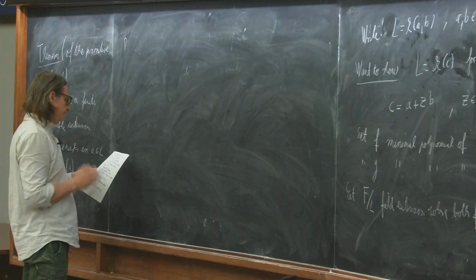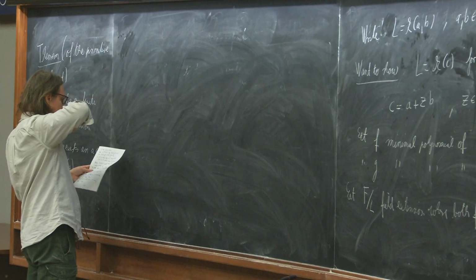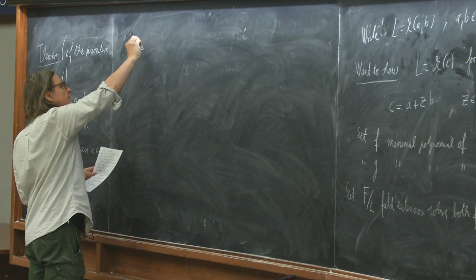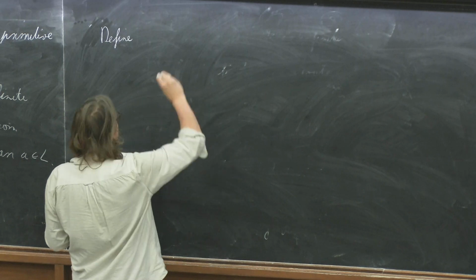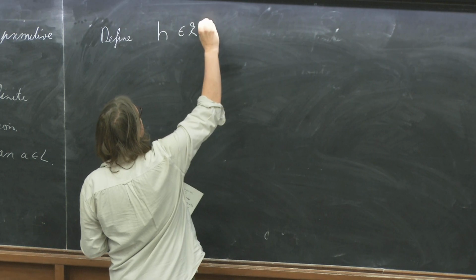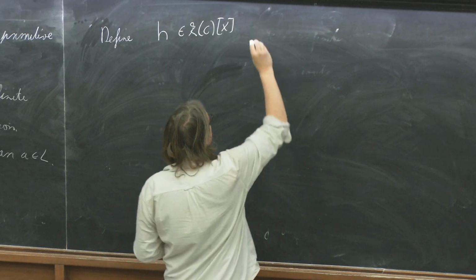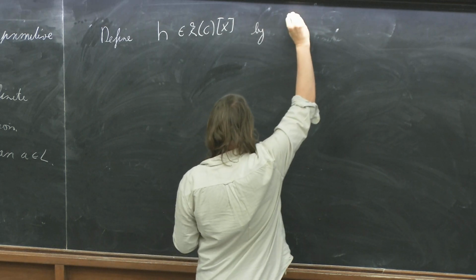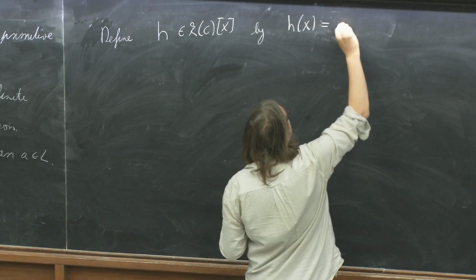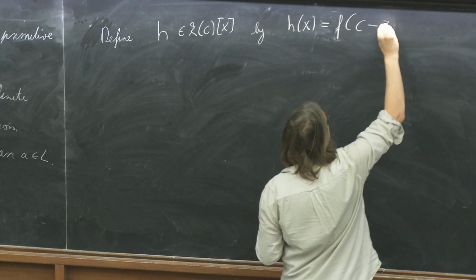So let's see. So first, we do something a little bit more crazy. There's a trick. So we define a polynomial H, with coefficients in K(c), by putting H of X to be f of (c minus zX).